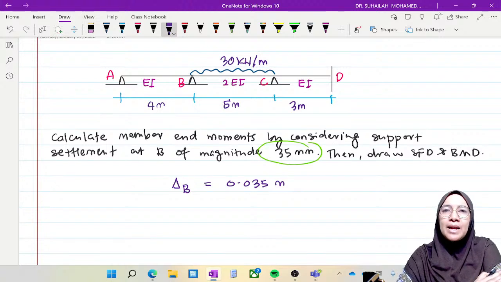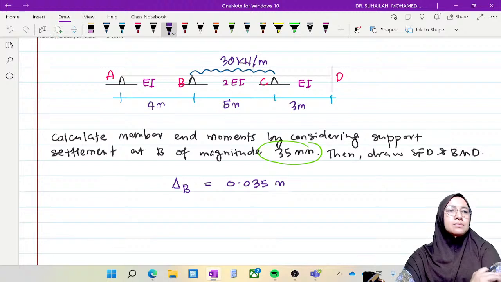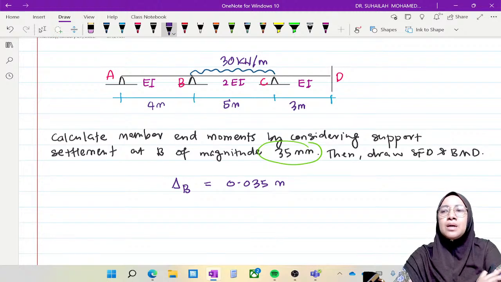Always remember that FEM has an effect that is not only due to external loading but also due to delta.